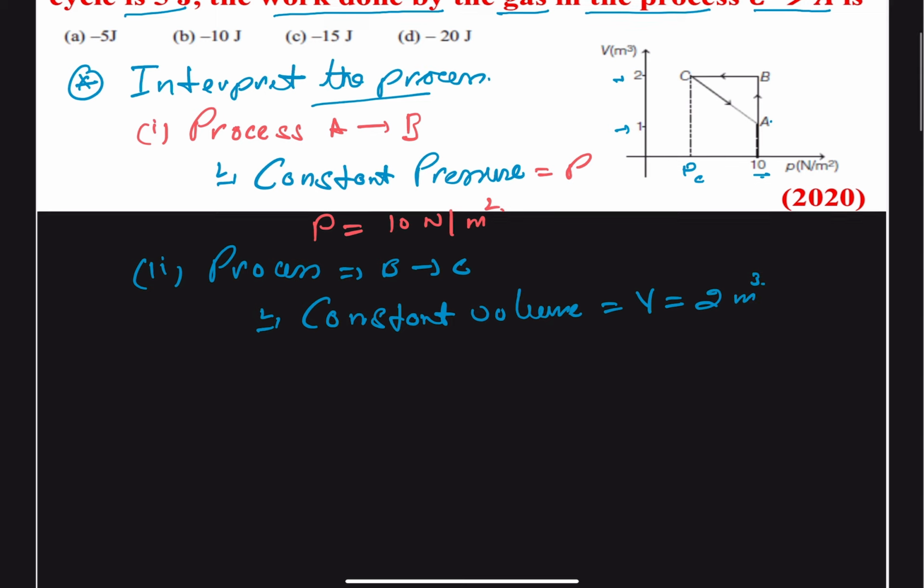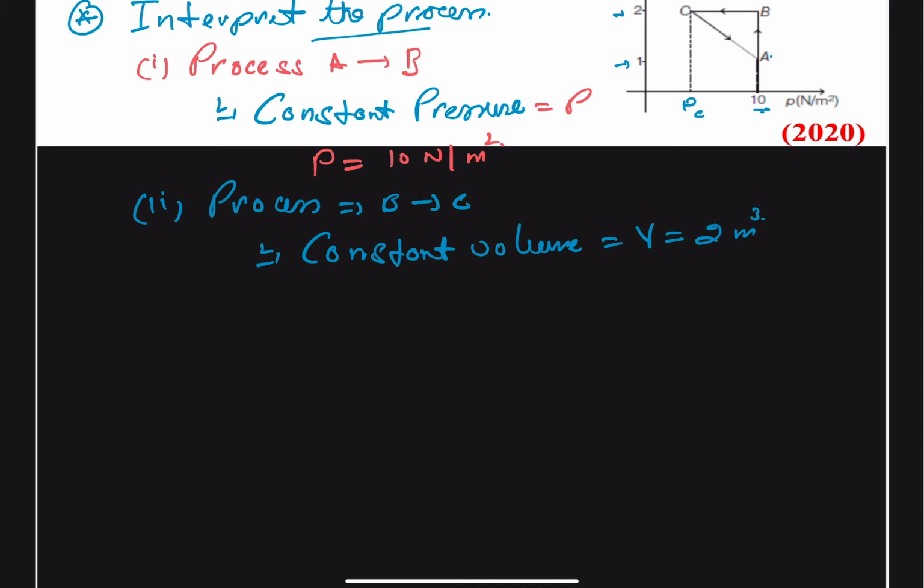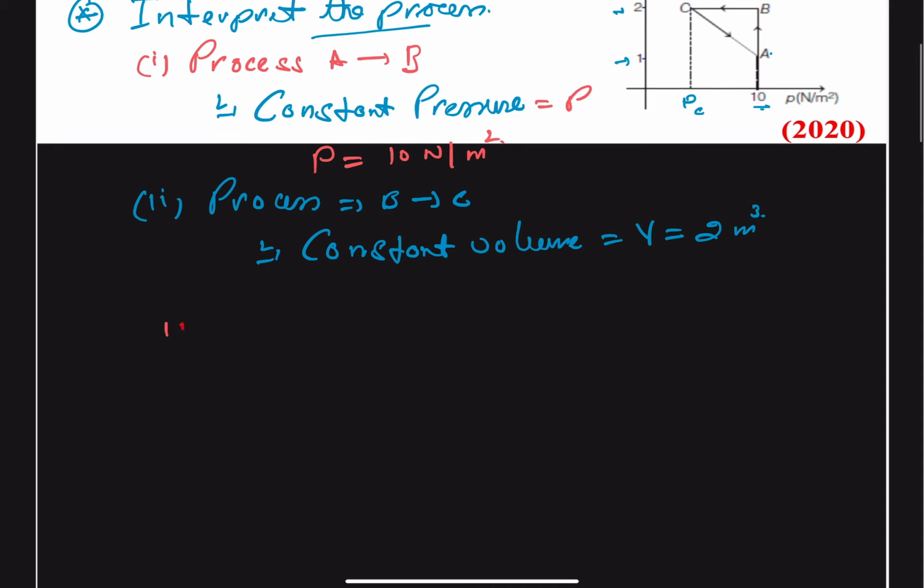And the third process is from C to A, in which the entire cycle returns back to A, where it started.